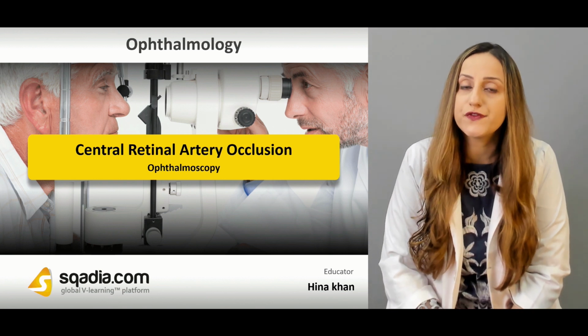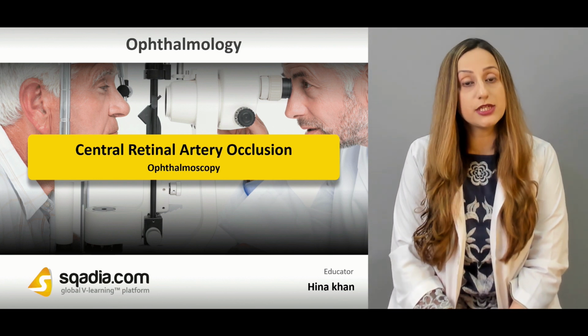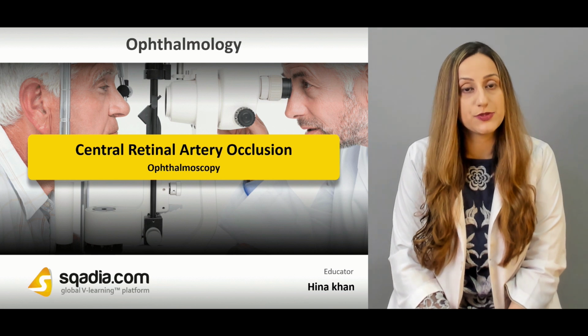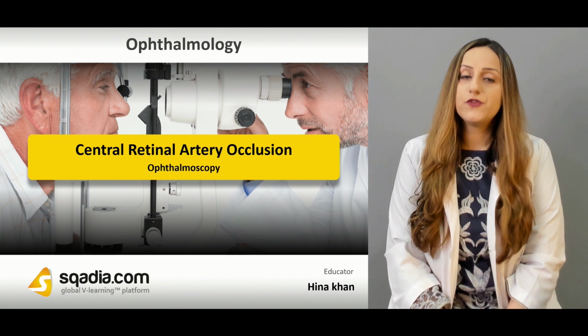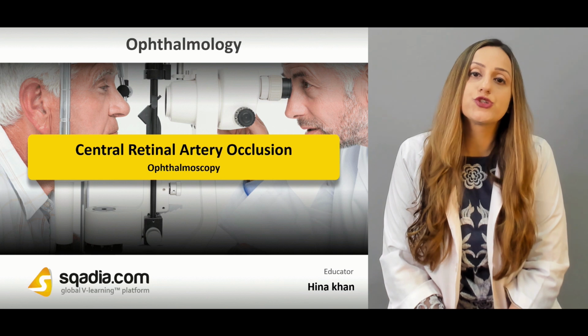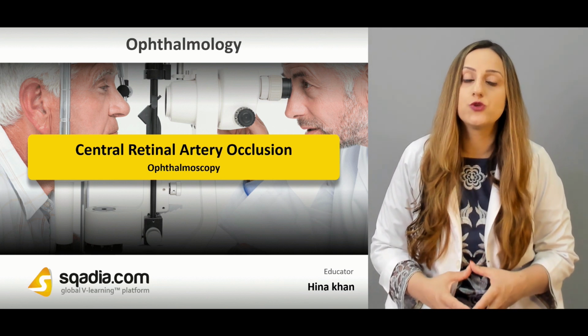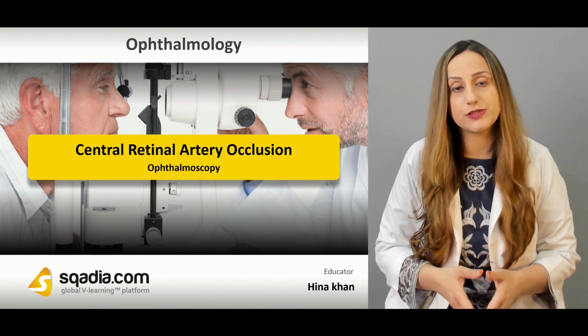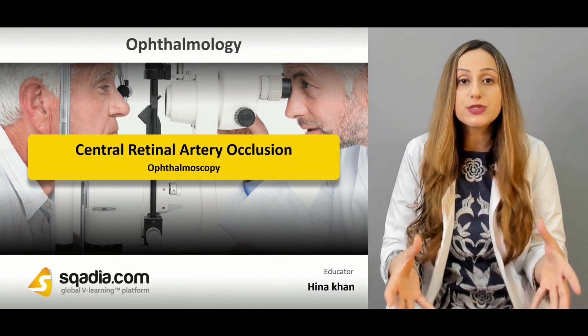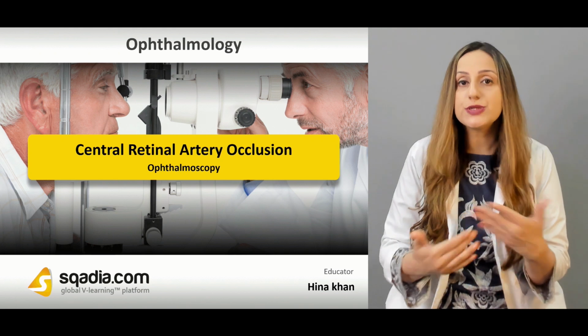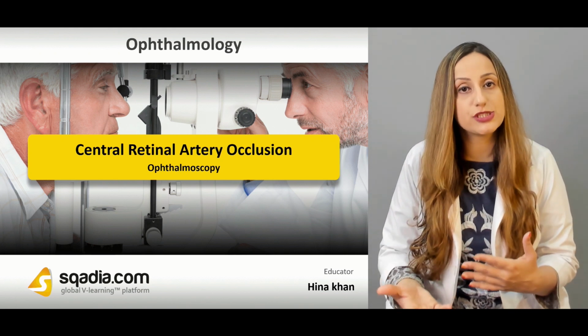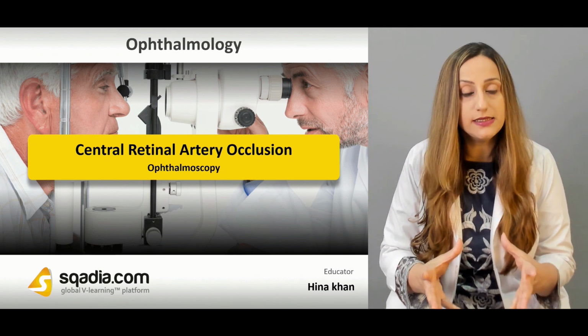Once you're finished with the history taking, the examination is again very important. First and foremost, we inspect the eye, usually on slit lamp examination. The patient is made to sit at the slit lamp, and you examine the eye in detail.